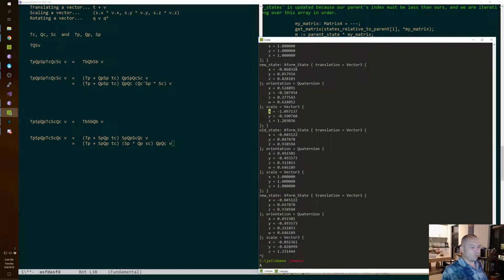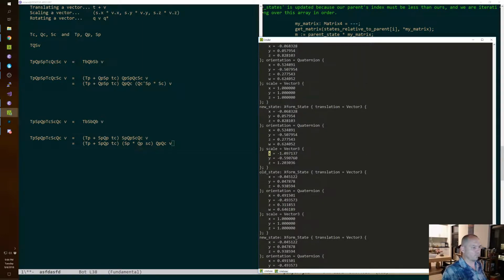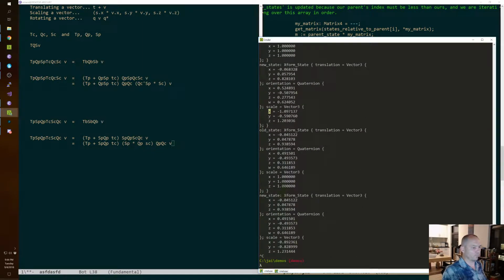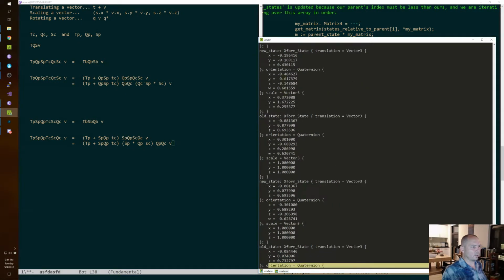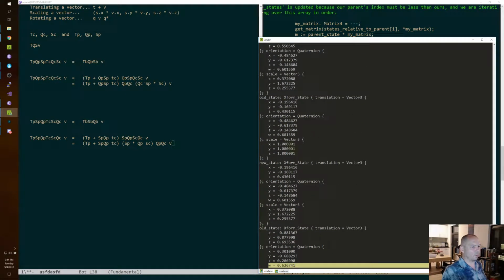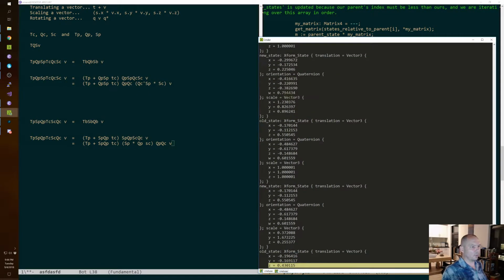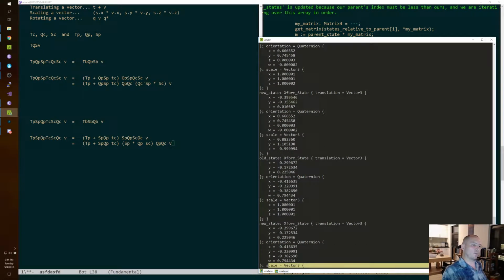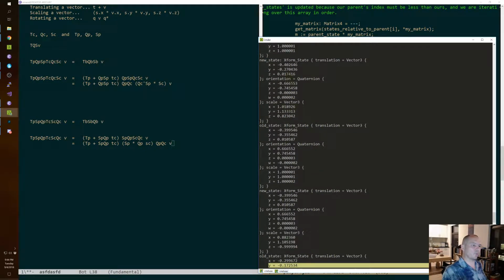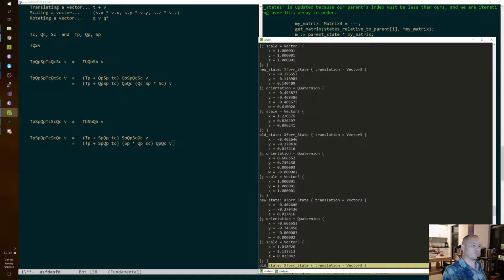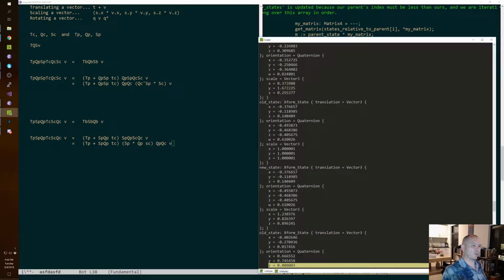So how is our scale so jacked? What did we do? Is it scale 1 1 1 for everything? In which case, it's probably not true. There's probably some bone where the scale is not 1. Although I don't know.